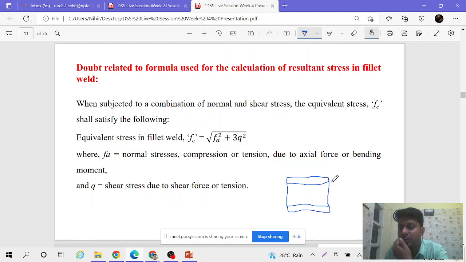So first of all, let us see this. See, these are two I sections. Okay, so these are the flanges of the I section, and this is the web portion of the I section, and again these are the flanges of the I section.